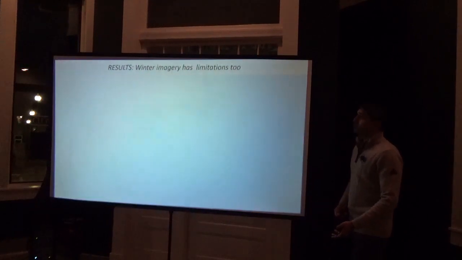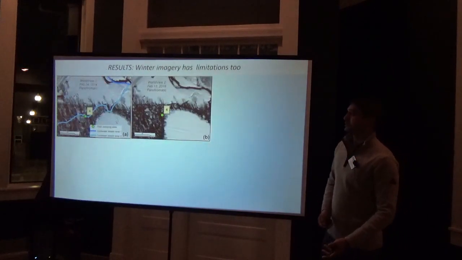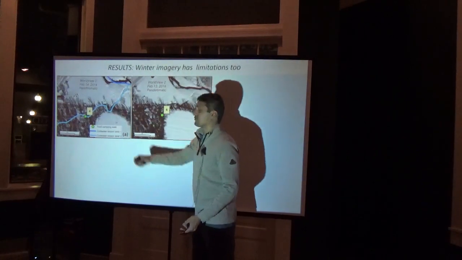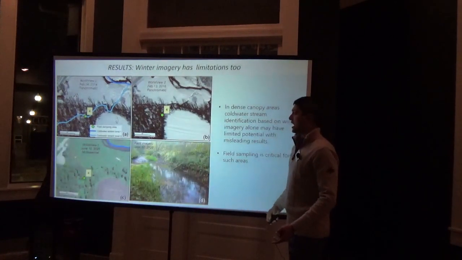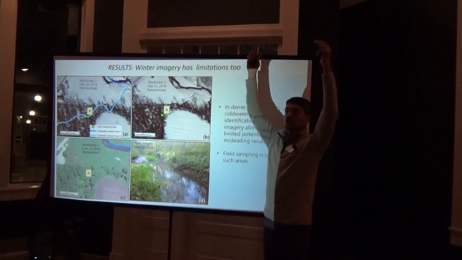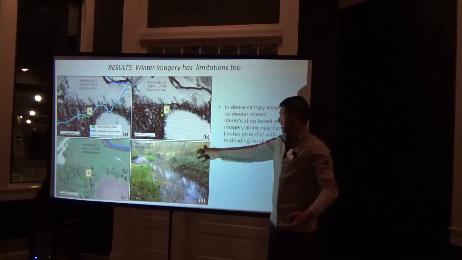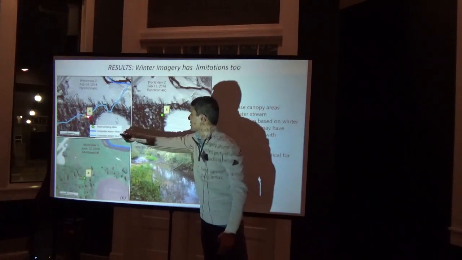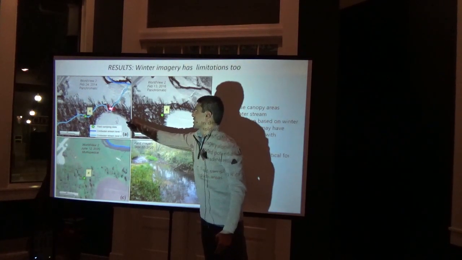And moreover, there are bigger issues with satellite imagery where there is overhanging canopy, right? At this site number 4, we went in the summer, and this is completely covered by overstory vegetation, as the field photo suggests. And our high resolution imagery says this is not a trout stream.